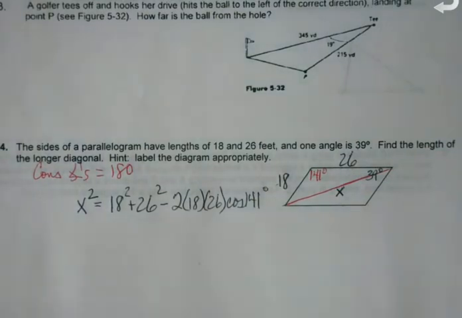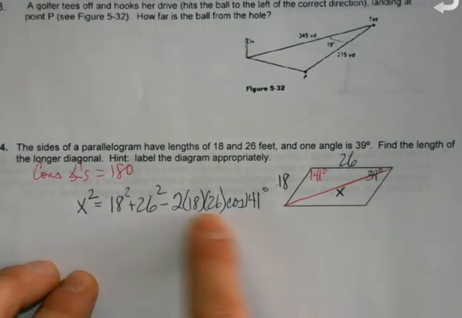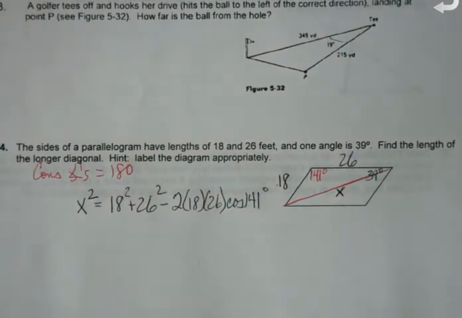And that's how that one runs through. At this point, I can type all of this into my calculator and then just take the square root, and that would give me the length of my diagonal. That 148? 141.